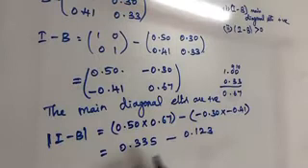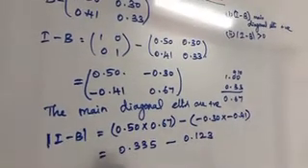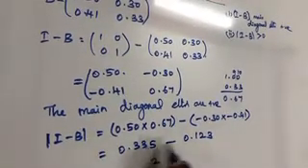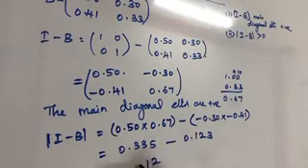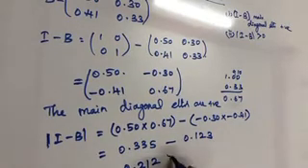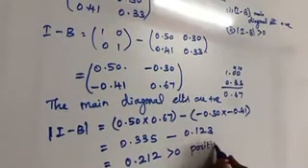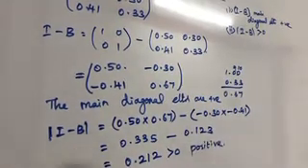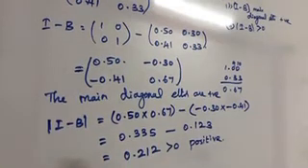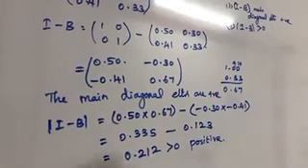While subtracting these two numbers, we get 0.212, and it is greater than 0. It is positive. So, the second condition, the determinant of I minus B, is positive.